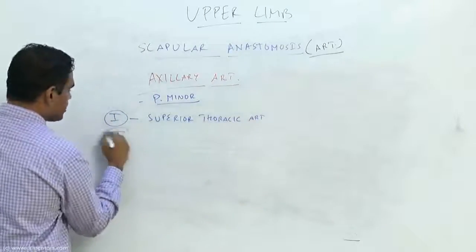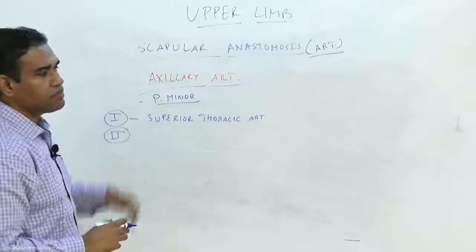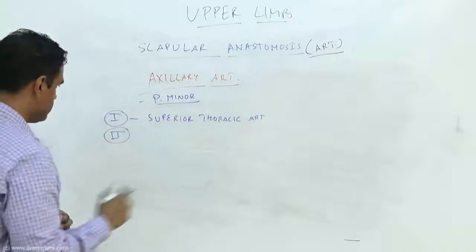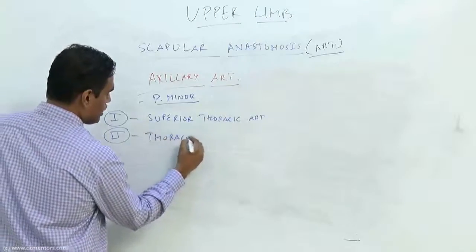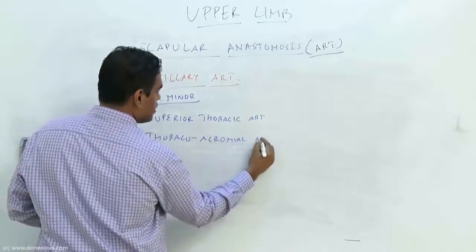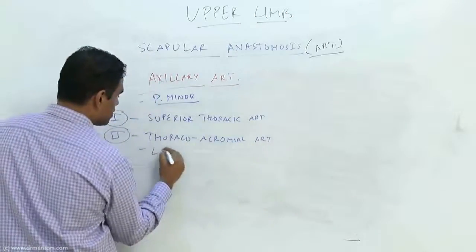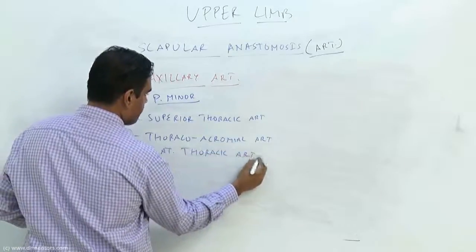The branches from the second part of axillary artery, which lies behind the pectoralis minor, are basically two: the thoracoacromial artery or acromiothoracic artery, and the lateral thoracic artery.